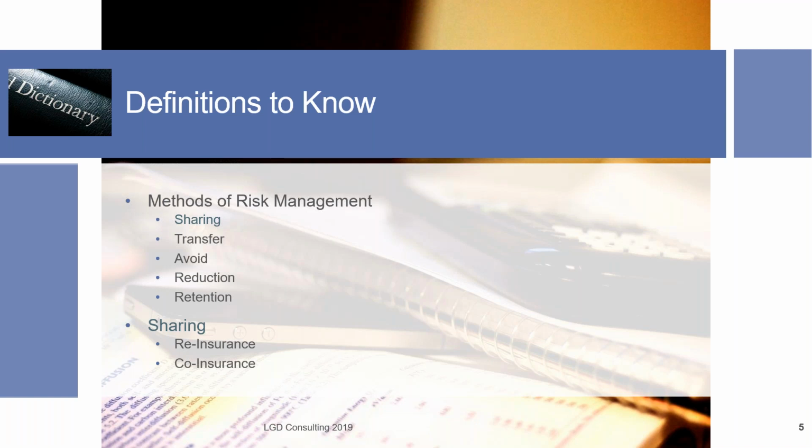So reinsurance. Every insurance company that's approved to sell, let's say homeowners, I'll use that right now, in the state of California has to provide the Department of Insurance with their financial statements. Based on that company's surplus and reserves, the Department of Insurance says this is your retention limit.